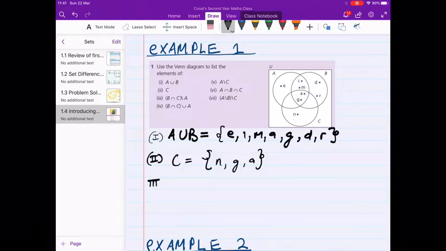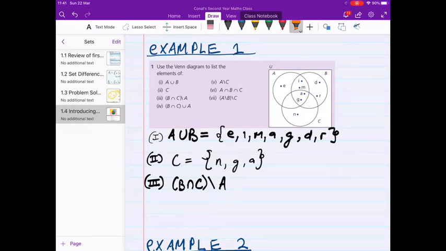Next up, we have a slightly more complicated one. So it's B intersection C without A. So let's think first of all, well, B intersection C is this bit here that has the set B and the set C overlapping.